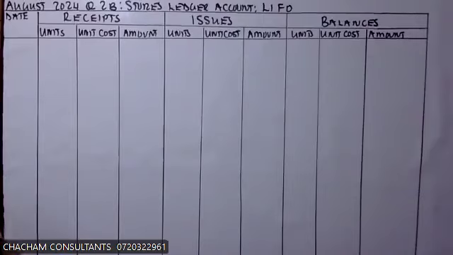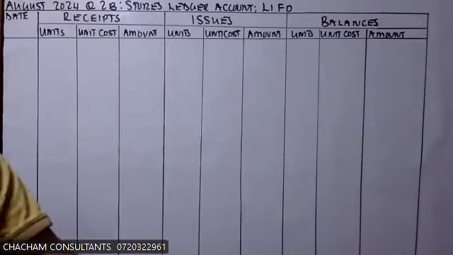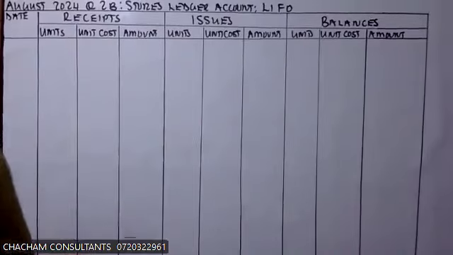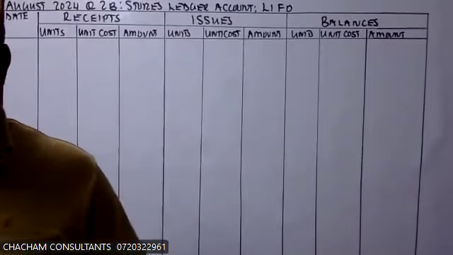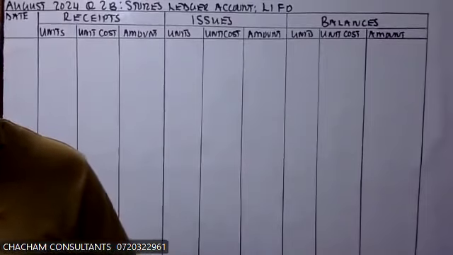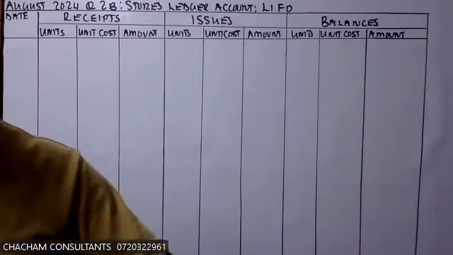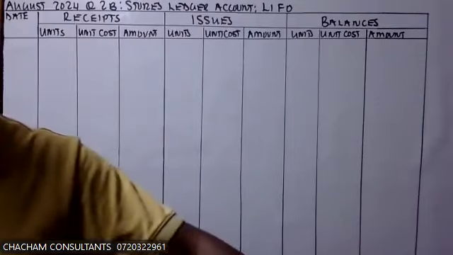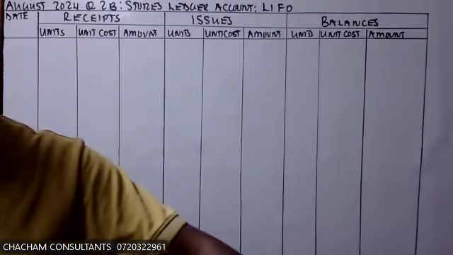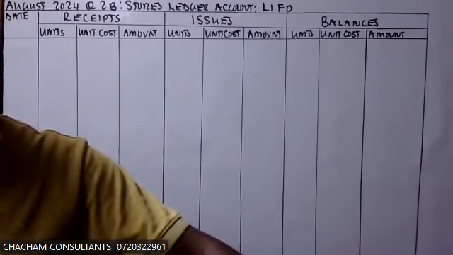So if you have finished drawing, the question says the closing inventory counted on that 1st of July 2024 was 500 boxes.